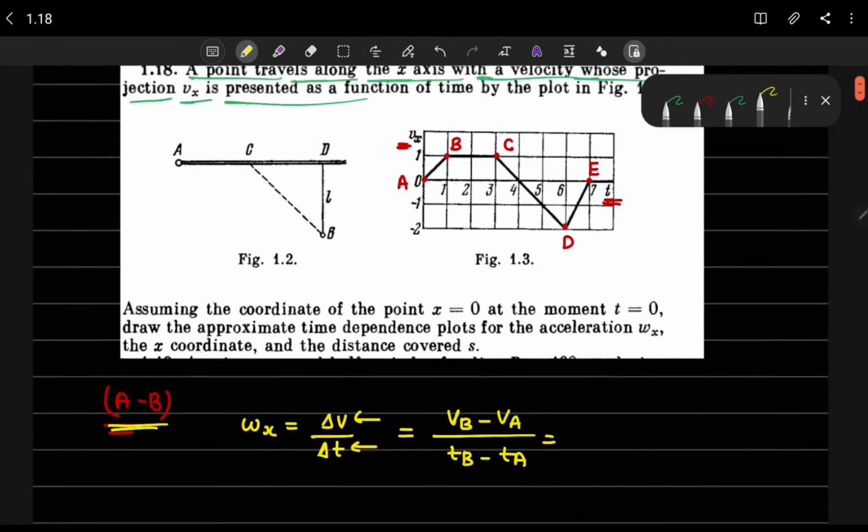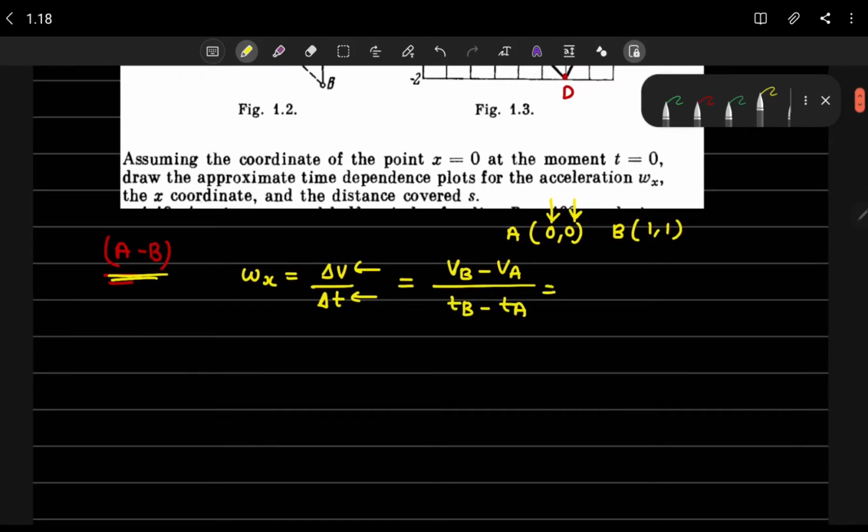The coordinate at point A is (0, 0) and at point B is (1, 1), where the x part represents time and the y part represents the x component of velocity. So we get 1 minus 0 divided by 1 minus 0, which is 1 meter per second squared. This is the acceleration in this region.